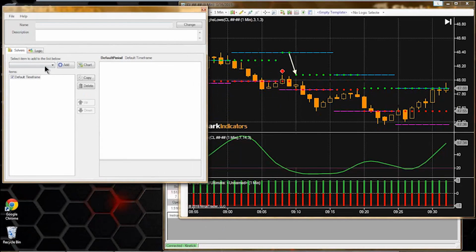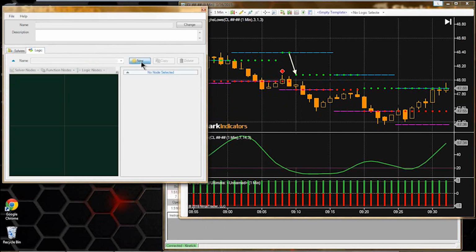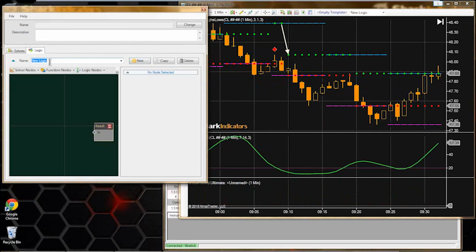To do that, we're going to use the comparison solver. Alright, so let's see, what shall I call this?